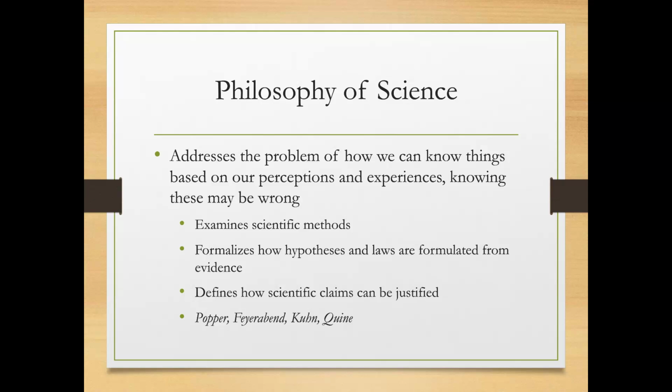All right, so we talked before about how we have these empirical versus rational ways of knowing things. We know that they can be wrong, and that's basically what the philosophy of science is trying to address. How do we know? How can we know what is right in a formal and repeatable way?